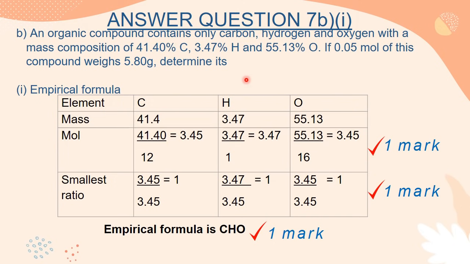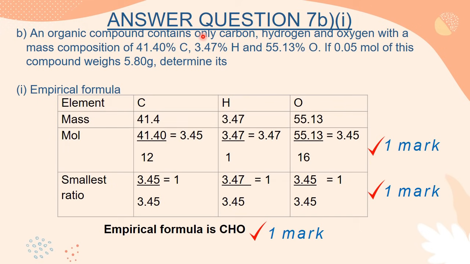Okay, so first we construct a table like this. Then we have the elements carbon, hydrogen and oxygen. From the question, we can get the mass of carbon, hydrogen and oxygen.